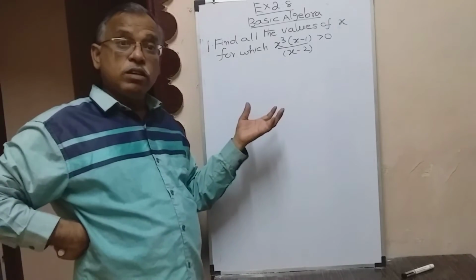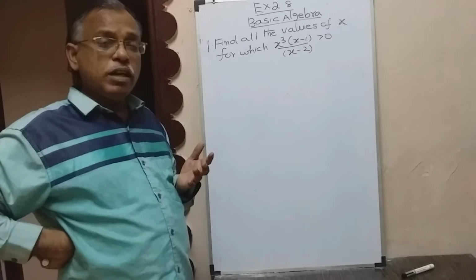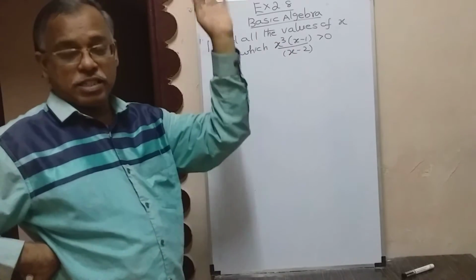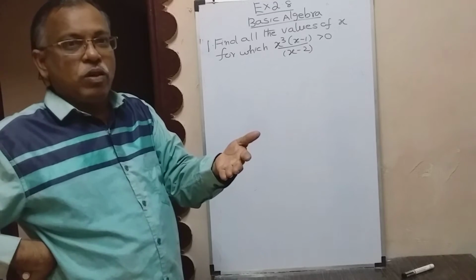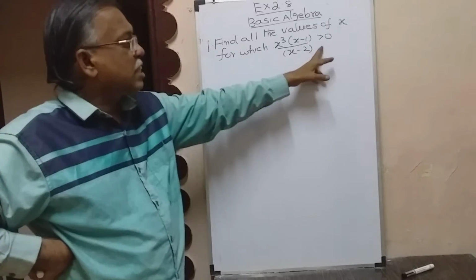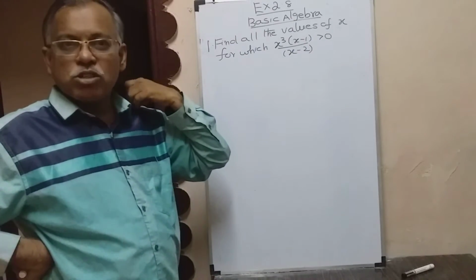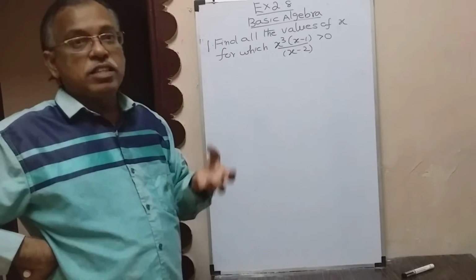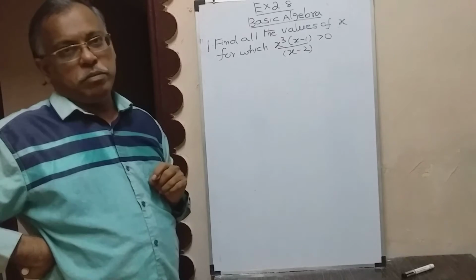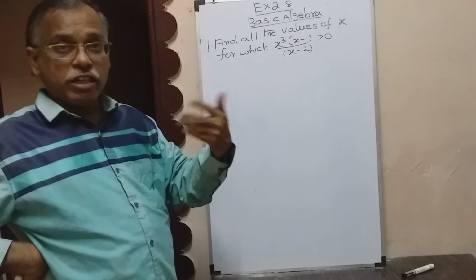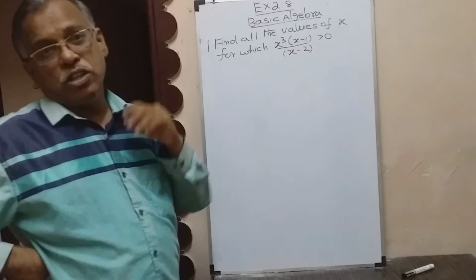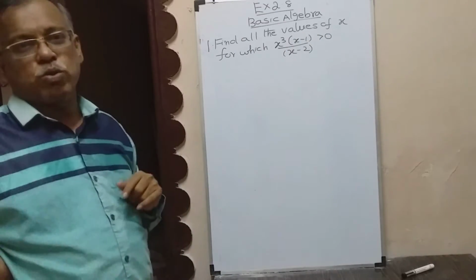Now divide the number line, minus infinity to infinity, using these critical numbers and check in which interval this is greater than 0. Then we take one interval at a time and check where the entire value becomes greater than 0. That is the procedure, students.